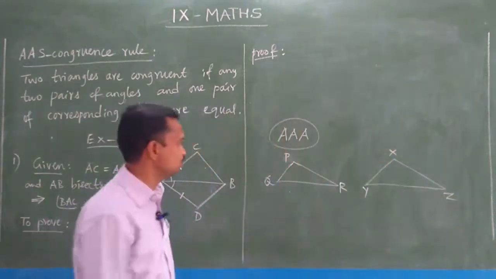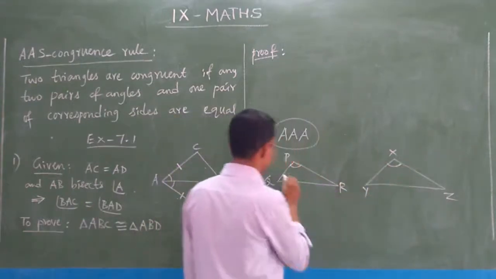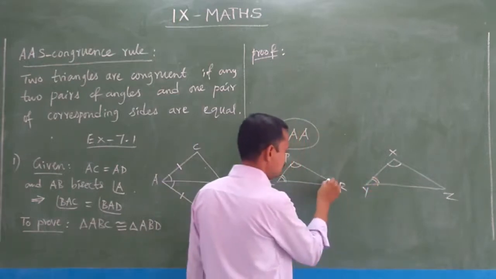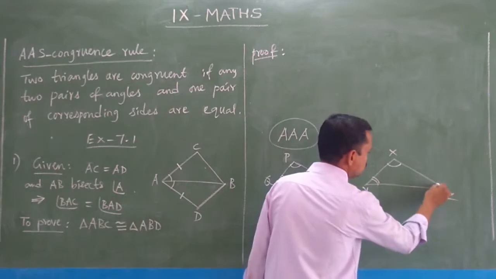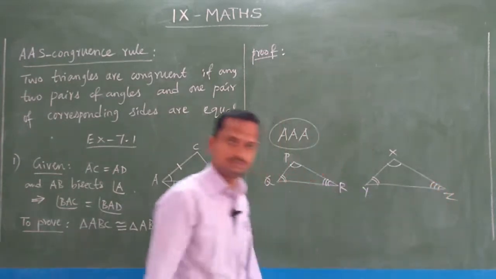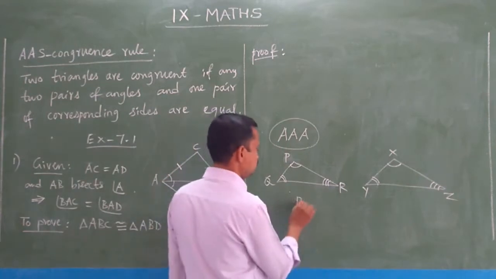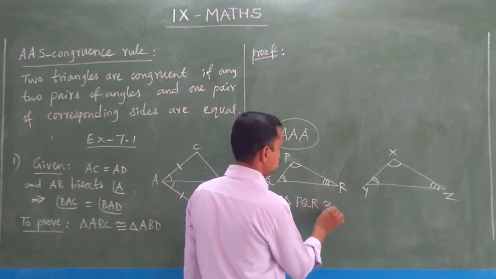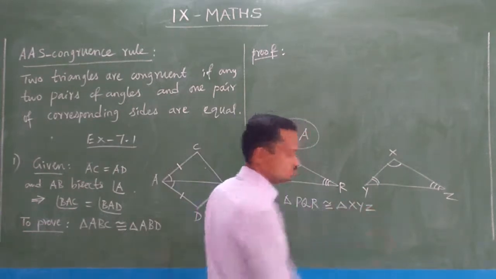Just for example, I am saying that angle P is equal to angle X, angle Q is equal to angle Y, and angle R is equal to angle Z. Okay. So now can we say triangle PQR is congruent to triangle XYZ?